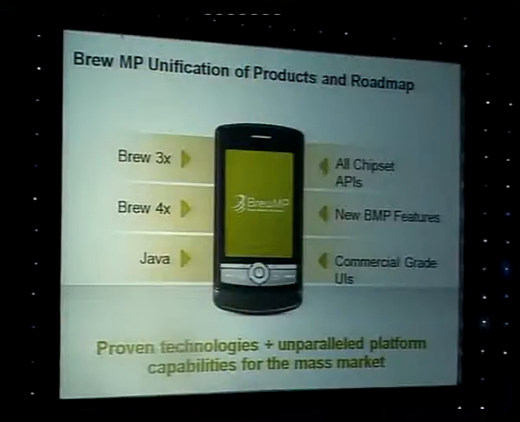As you must have seen before, basically what we did was we took everything that we had, which is on the left, which is we had a lot of legacy releases of Brew, 3.x, 4.x, and so on. So we took all that was already working on Brew and extended it, adding more capabilities. One of the biggest ones that comes to my mind is touchscreen support. So we've added a lot of capabilities to BrewMP, and as illustrated by the last bullet on the right bottom, we've actually added a compelling set of UIs as part of the platform.